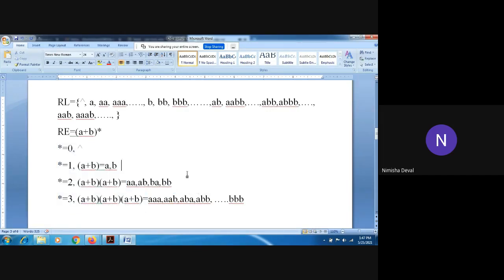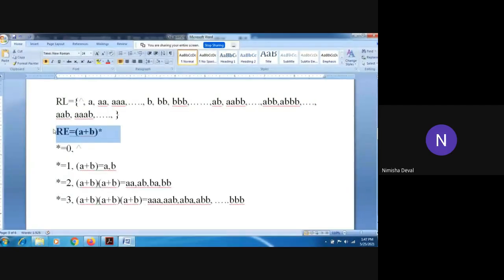I will keep this part as it is whenever I share it with you, so you can understand what we have done while solving this example. So this is your answer, but for explanation I have mentioned all those things. Should we move to the next example? Yes, ma'am.